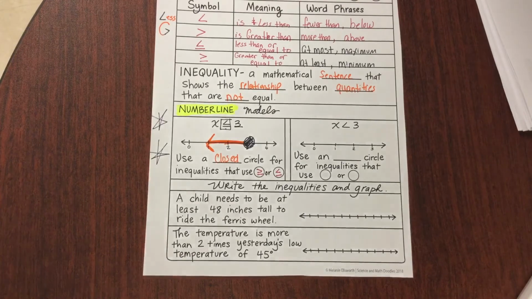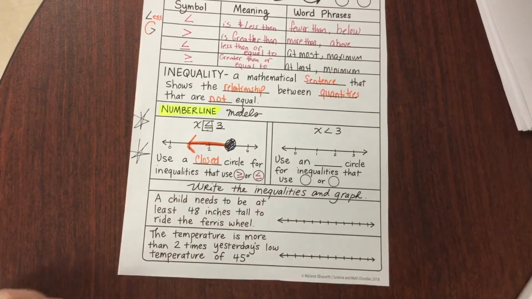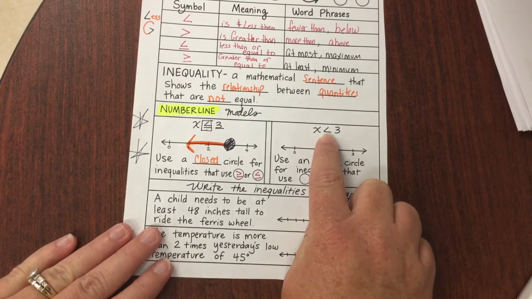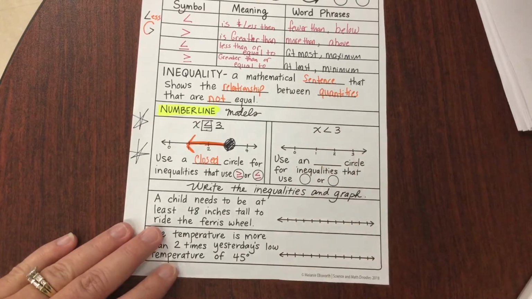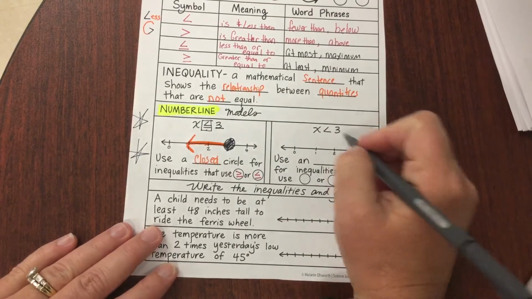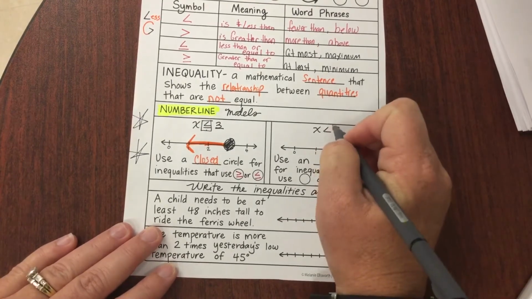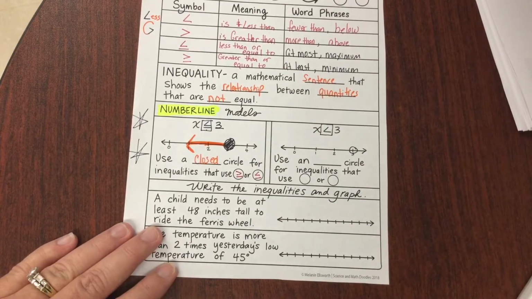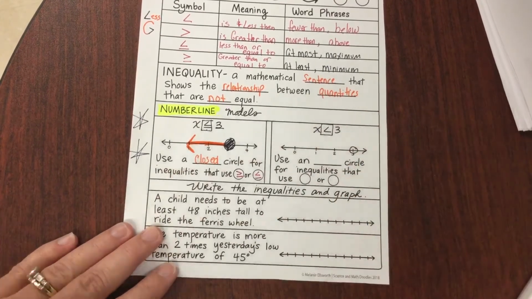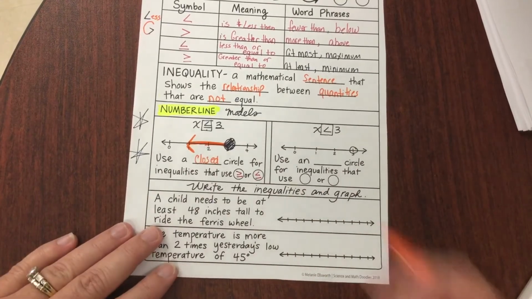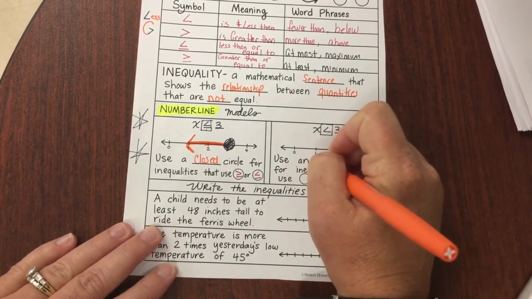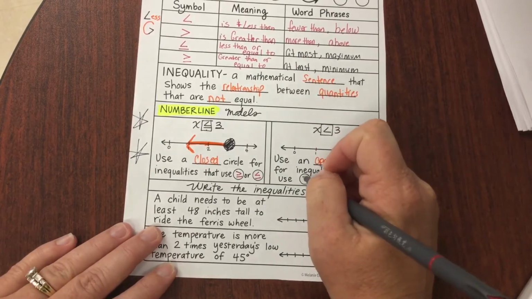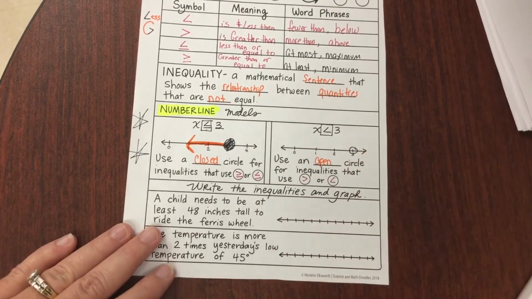So when I look at my next example over here, I read it as x is less than 3, correct? So I'm going to find 3, draw a circle. This time, does my inequality have that extra line? No. So I'm going to leave it open. It's going to be an open circle, and we use that for anything that is greater than or less than.